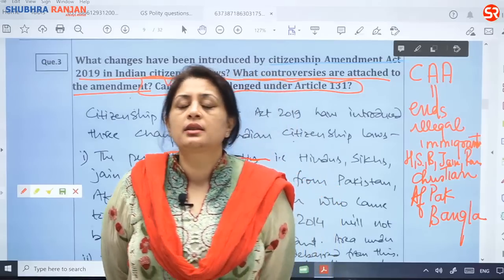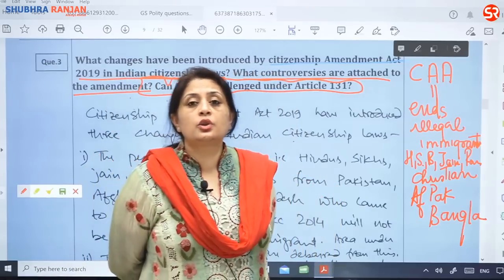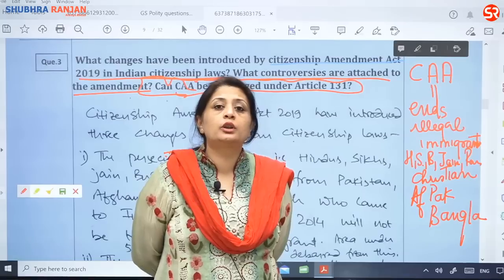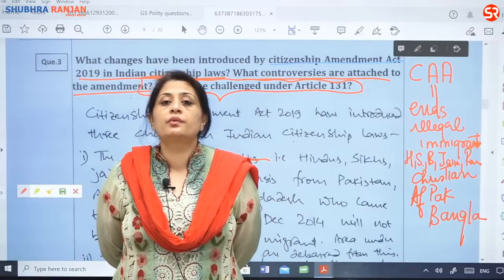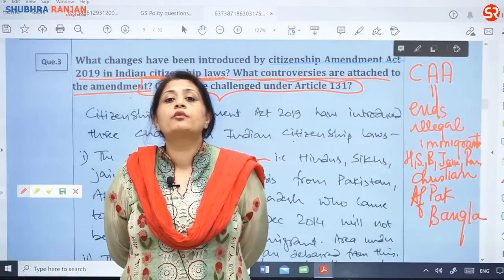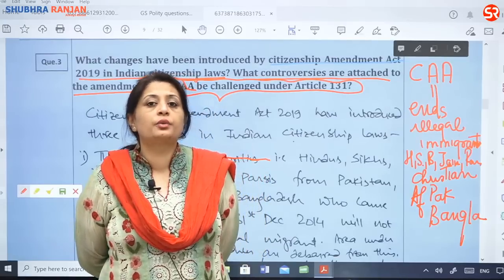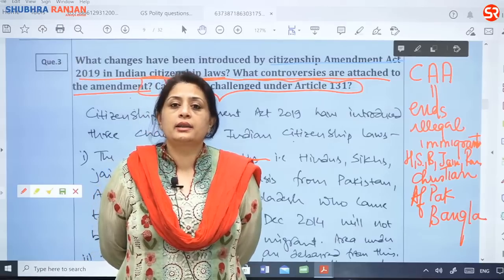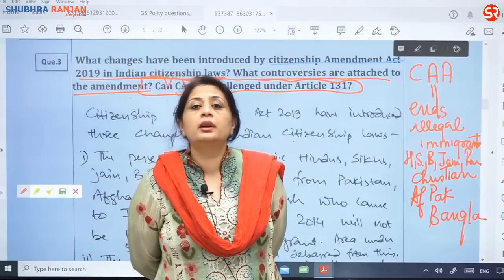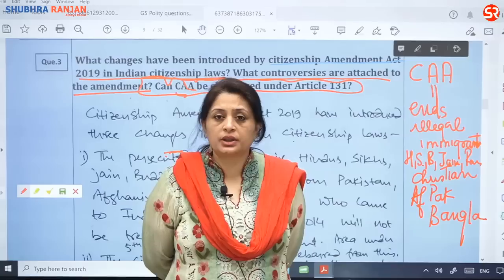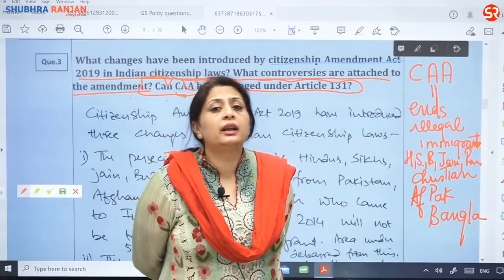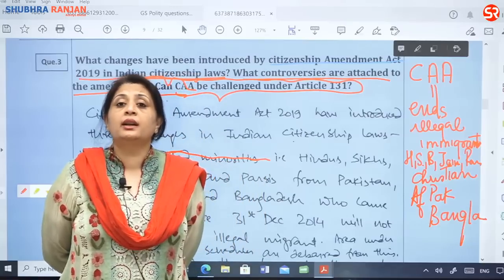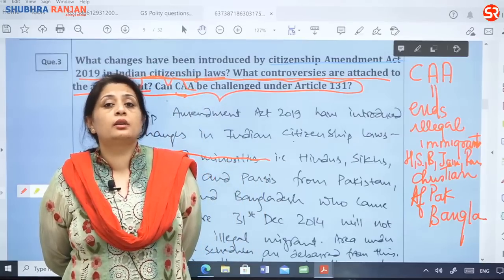Israel's citizenship law allows Jews from anywhere in the world to get citizenship. So here it is simply the Hindus from the neighborhood, making India a land of Hindus, whereas India is a secular country. So these are certain arguments, and there is a problem in defending this particular law.